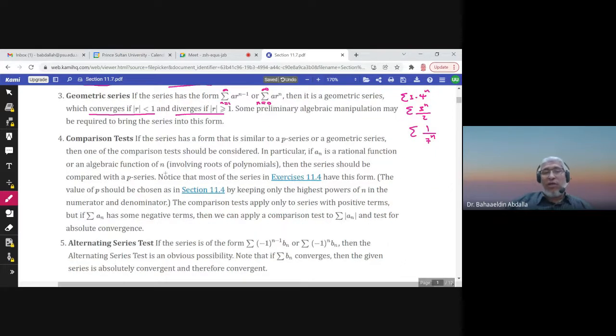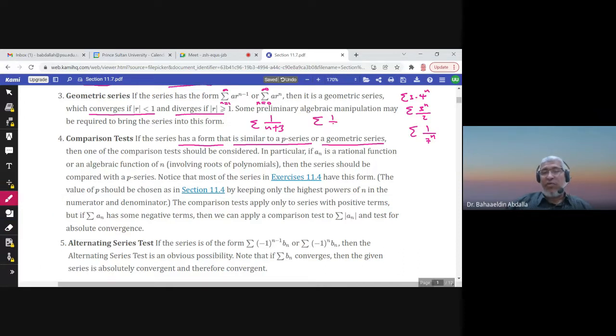Well, if it is not a p series or a geometric series, look carefully at the form of the series. Is it similar to a p series or similar to a geometric series? If it is not summation 1 over n, but 1 over n plus 3, for example. So it's similar to a p series or a geometric series.